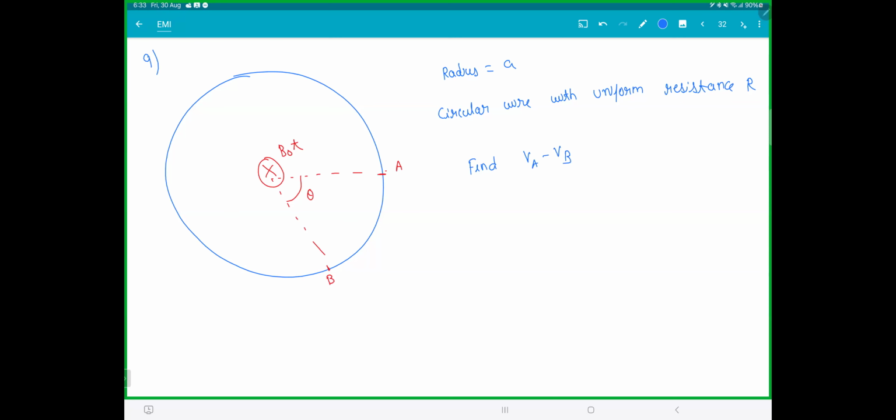A and B are 2 points on the circular loop. Find the potential difference between A and B. Think, I'll give you one. It's a good one.